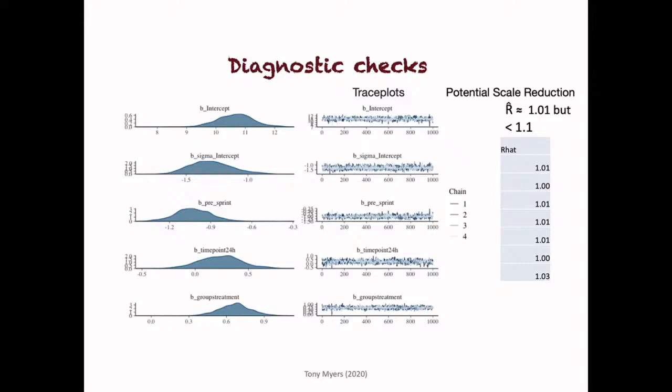The R hat, which comes out as an output in Stan, the brms package, and some other packages as well, allows me to check. I'm looking for an R hat of around 1.01, but certainly less than 1.1, and it appears that they have all converged as much as we can tell at least. So it's likely that it's passed that diagnostic check.